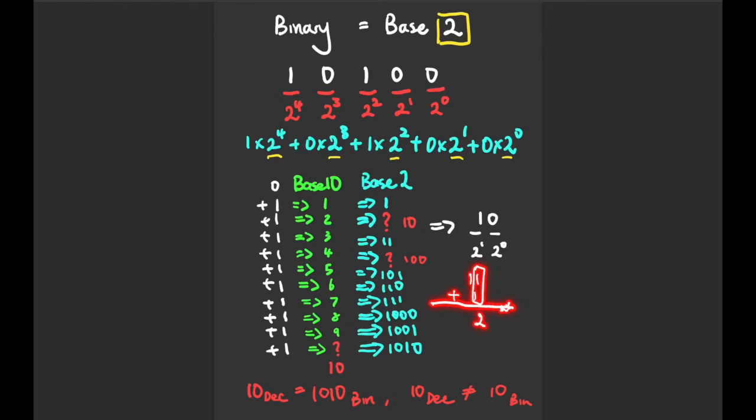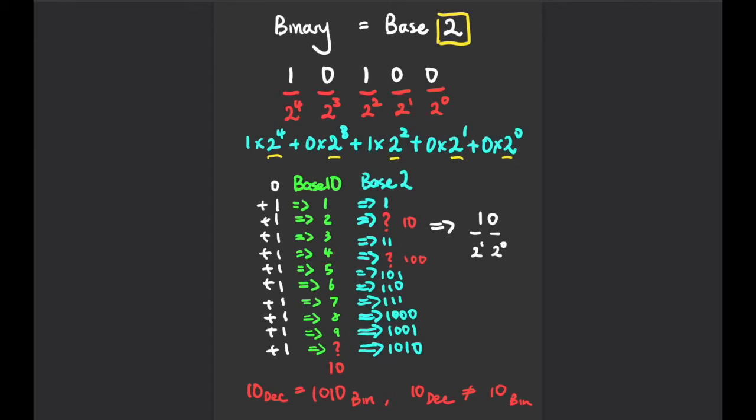However, since in base 2, there is no symbol that represents the value 2, we would have to carry over 1, meaning that the second column would have the value 2 again. And then we would have to carry over again, meaning that the final product would be 1, 0, 0. 1, 0, 0 here refers to the value of 4 in base 10.